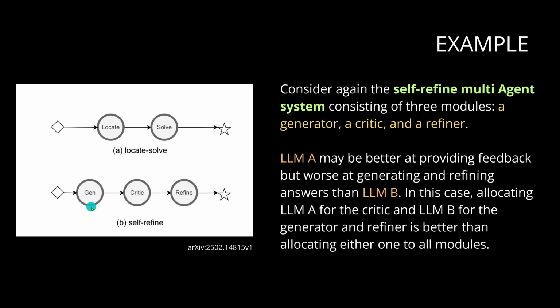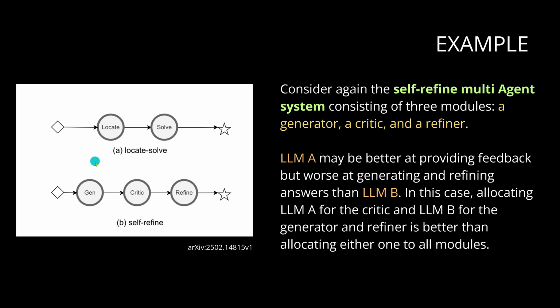Next example here, the next most complex one is self-refine. Yeah? We have a critique and a refinement step. So I thought I have here the same LLM. Let's take Grok 3, for example. And you do the test and you find it fails. So consider again self-refine, a multi-agent system consisting of 3 models: a generator, a critique, and a refiner. Great.